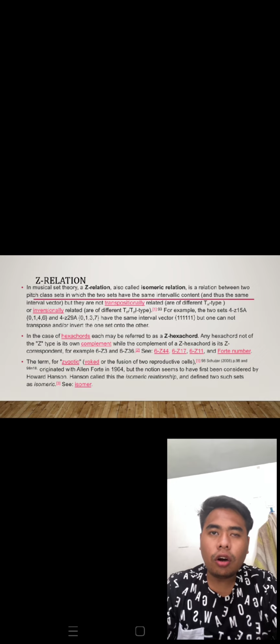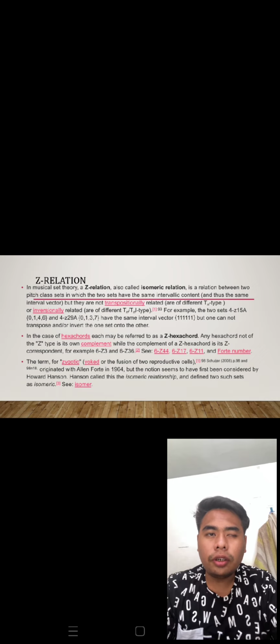In the case of a Forte code, Z may be referred to as a Z Forte code. Any Forte code not of the Z type is its own complement, while the complement of a Z Forte code is its Z correspondent.